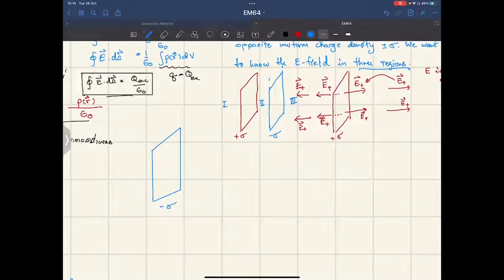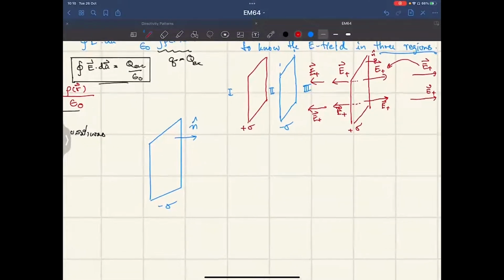There's another unit vector, N, going this way. This is our N here, and this is also our N for this. For the negative plane, the unit vector is also perpendicular to the surface and pointing out, not pointing in. You have to be careful.